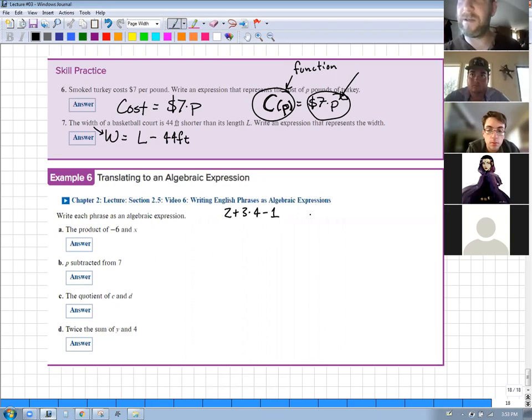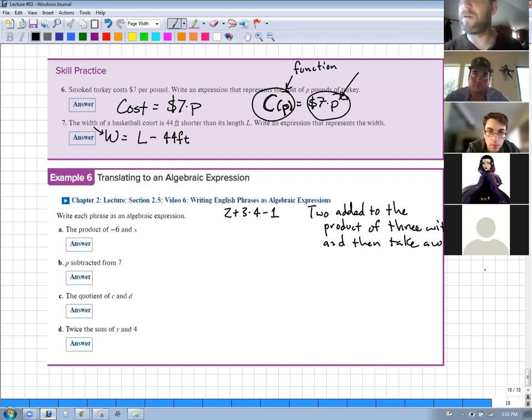You would have seen 2 added to the product of 3 with 4 and then take away 1. So thousands of years ago, math looked like this.